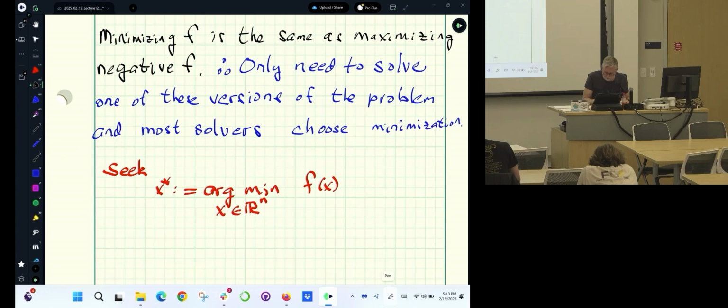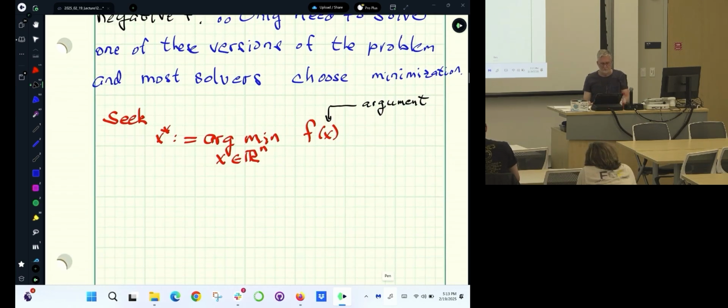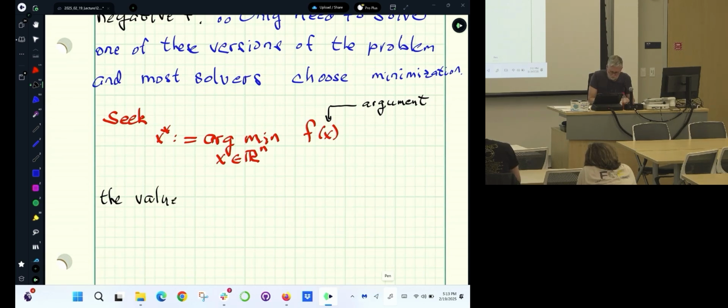Arg stands for argument. So remember, that's what this thing is called in a function. That's its argument. Arg min is the value of x that minimizes f.